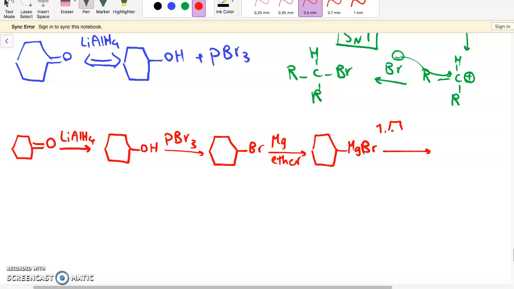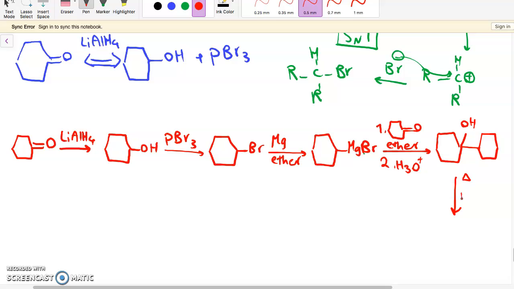Then reacting this with another cyclohexanone to give us this alcohol intermediate. And lastly, if we just heat this in the presence of acid, it's just a simple dehydration step.